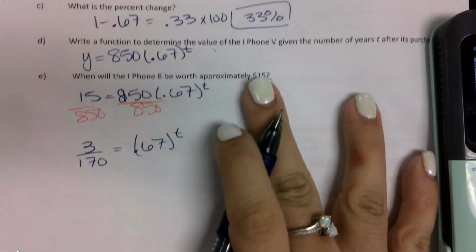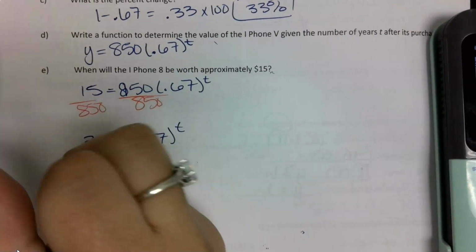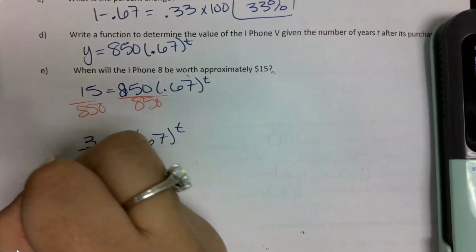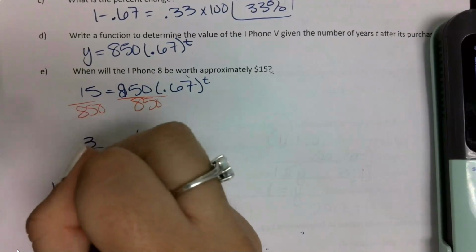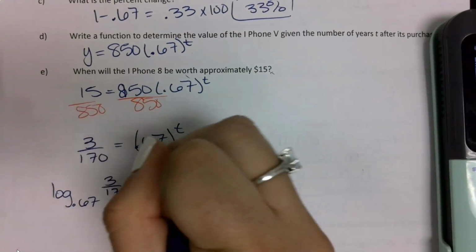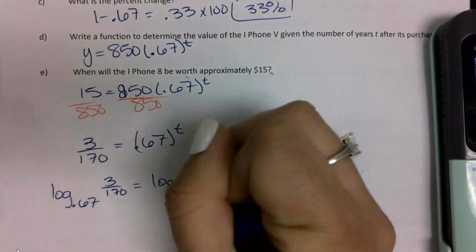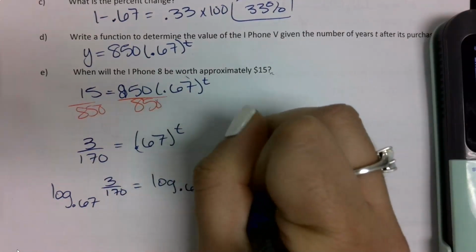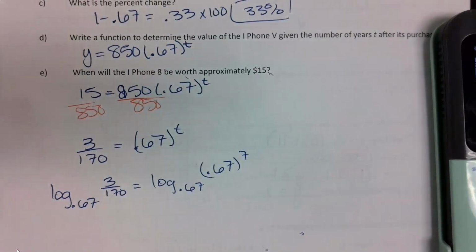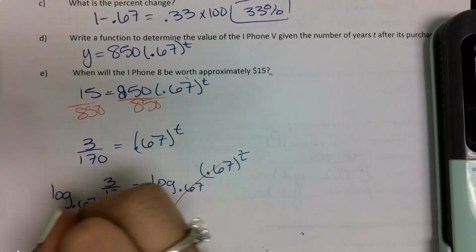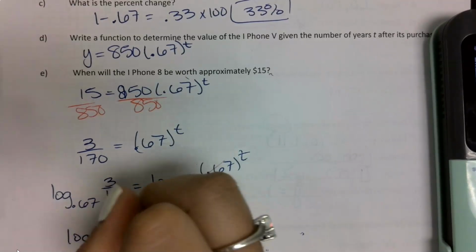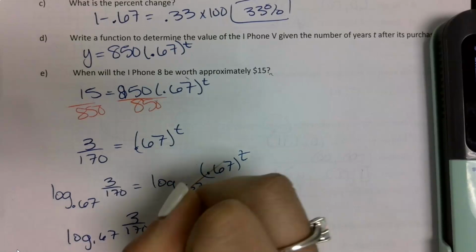Then I want to get rid of the exponent, so I'm going to make both of these log base 0.67. On the right side, the log base and the base cancel out. So I have log base 0.67 of 3 over 170 equals t.